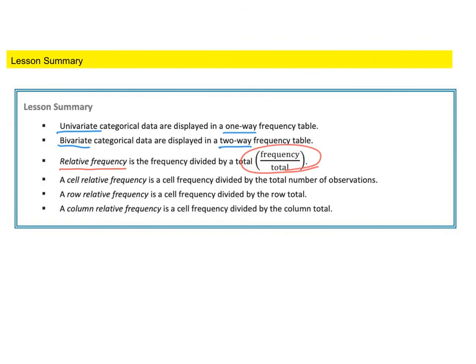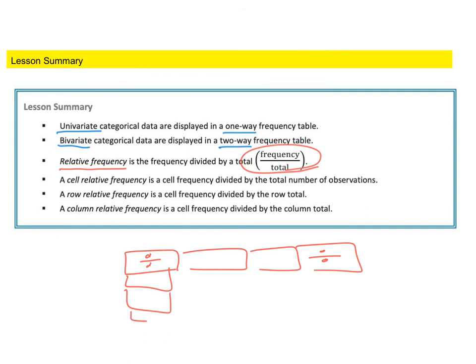A cell relative frequency is a frequency that is just in one box, right? So it's that fraction that's in that one box. A row relative frequency is the frequency that's in that whole row, right, at the end. And a column frequency is the one that is in the column.